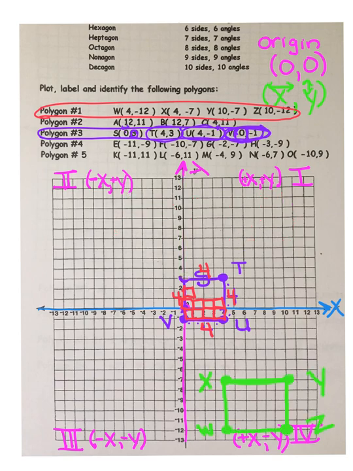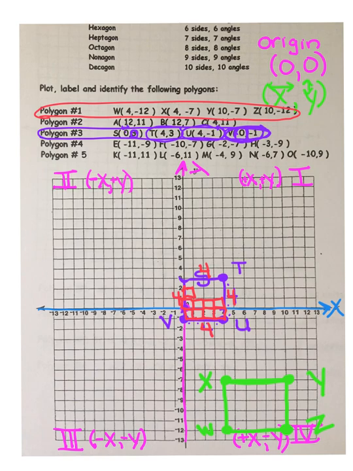After plotting W, X, Y, Z and connecting the 4 points, you should have gotten a rectangle that looks like this, located in quadrant number 4. As we look at the length and the width, or the base and the height, we should get the following.